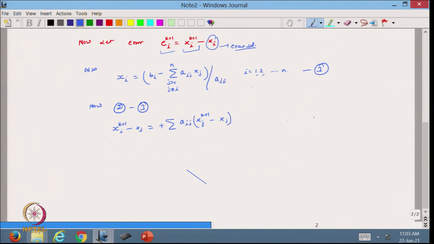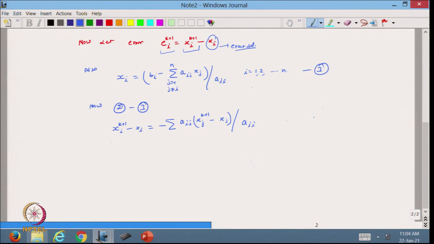Okay. So, this one I can write divided by a I I. So, the same thing we are getting. So, minus plus, so I can take here the sign minus, it does not matter. So, this one I am getting.